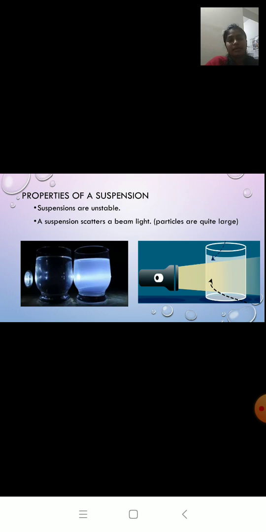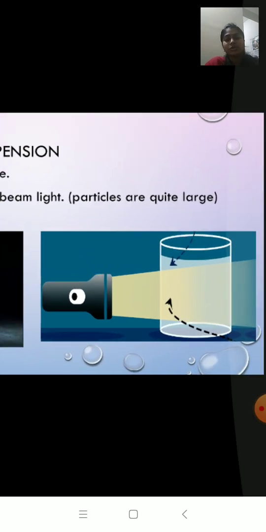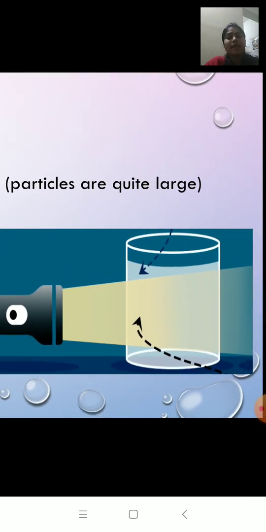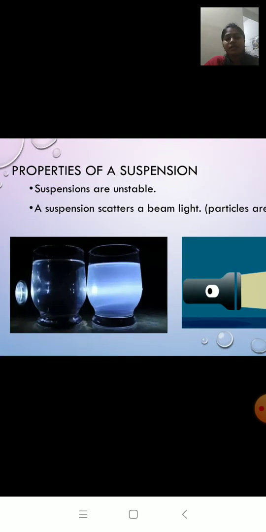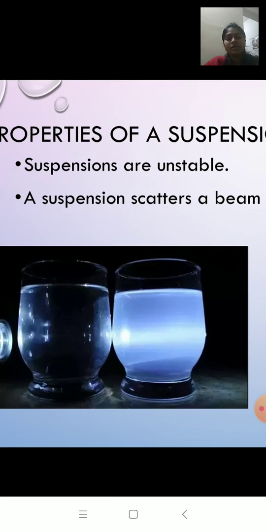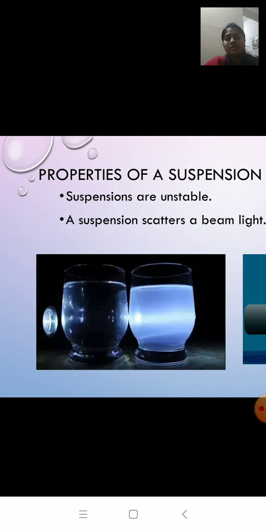A suspension scatters a beam of light. When you place a torch near a suspension, you can see a beam of light inside the suspension. In this photo you can see there are two glasses. When I place a torch, in the first glass you cannot see the beam of light.